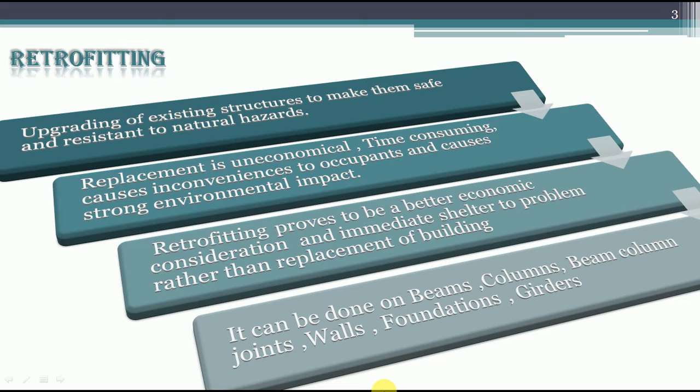Another solution for such a problem is retrofitting. Retrofitting means strengthening of the existing structure. It proves to be a better economic consideration and immediate solution to the problem rather than replacement of the building. Retrofitting can be done on beams, columns, beam column joints, walls, foundations, and on girders.